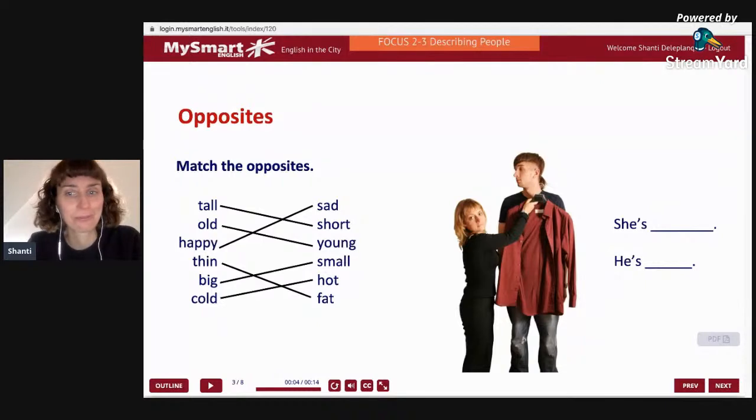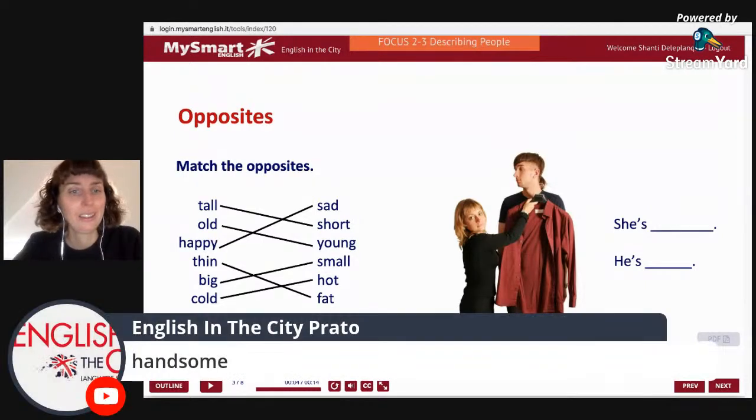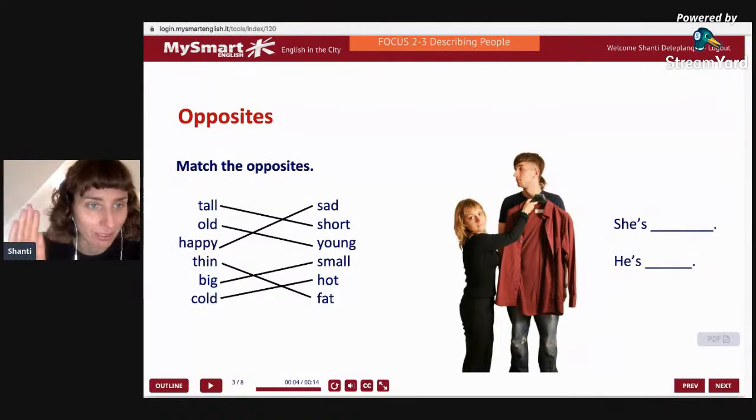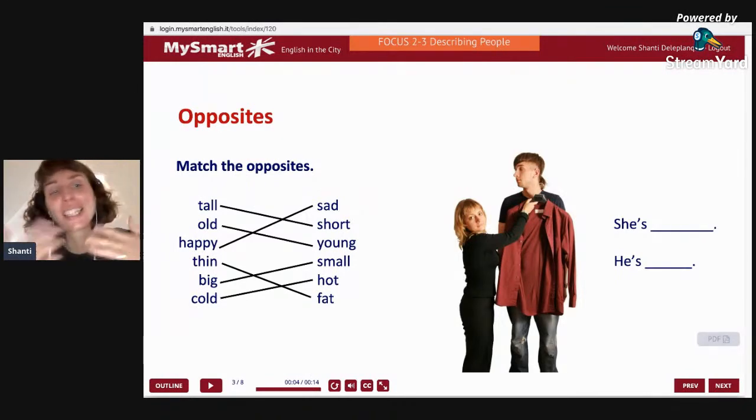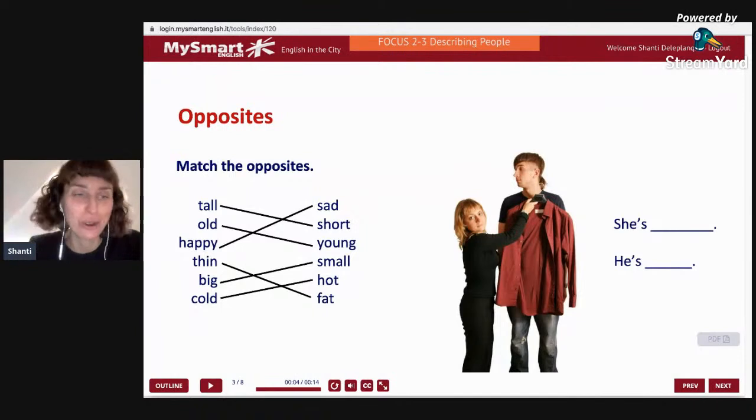Handsome. So if you see a handsome man or a handsome boy, you can say, wow, he's hot. Okay, this is a parenthesis. Let's continue. Yes, obviously, if someone is going like this, I'm hot, you understand.